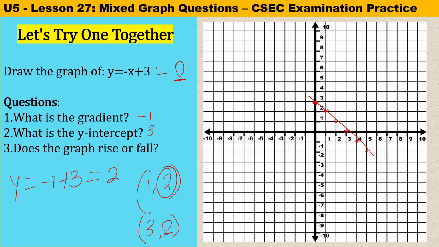So y equals negative 3 plus 3 equals 0. There you have it. So that's how you check if your answer is correct. And as I've said, your line is falling because you are reducing by 1 each time. Negative means you are going downwards.